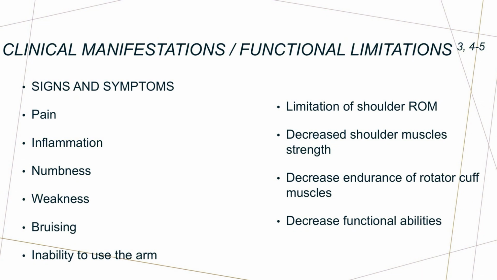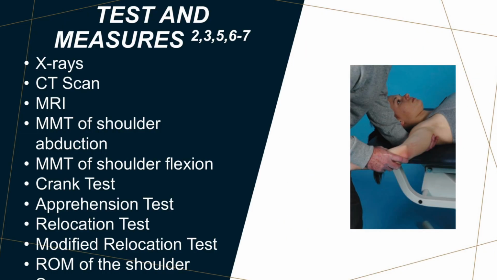And this is caused by the limitation of range of motion in the shoulder, the decrease of muscle strength, and the decrease of endurance in the rotator cuff muscles. So, tested measures: X-rays are used to confirm the dislocation, and according to our anatomy and ortho books, CT and MRI scans can help check if there's any injury to the axillary nerve, because it can get damaged with this kind of condition.